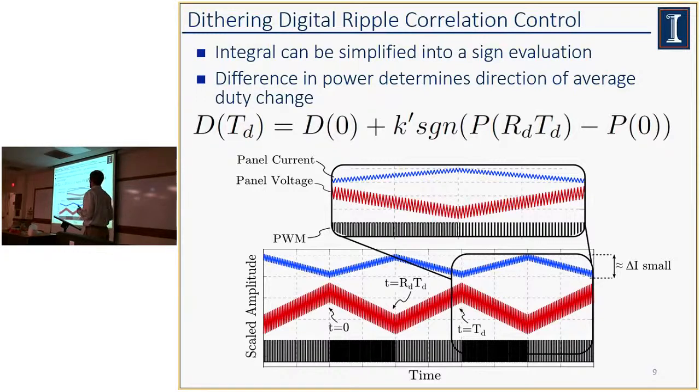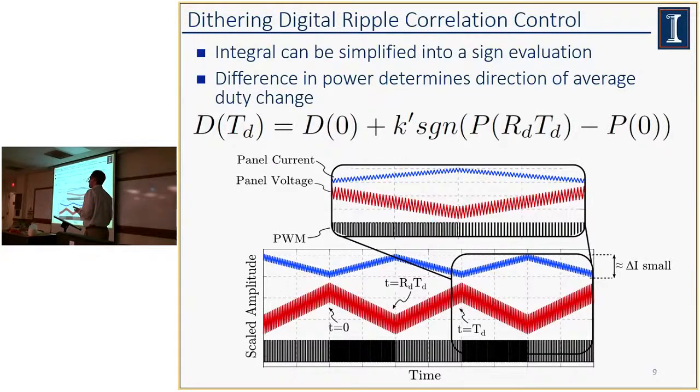So we evaluate that integral in a discrete form, and what this basically tells us is that by iteratively taking the sign of the difference in power between t equals 0 and t equals RDTD, if we evaluate this iteratively, we'll converge to the optimal duty ratio, or the DMPP.